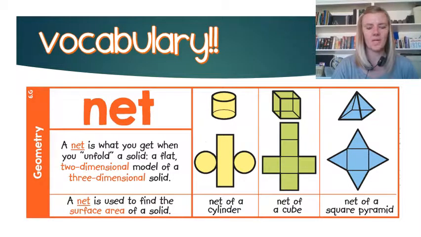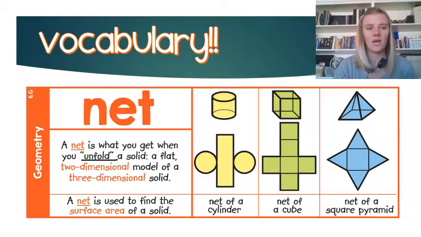And remember that a net is when you unfold that solid, and it's the two-dimensional model of it. So it's the flat model of what it would look like if you cut along the edge of this model and laid it out all flat. That's what your net is.